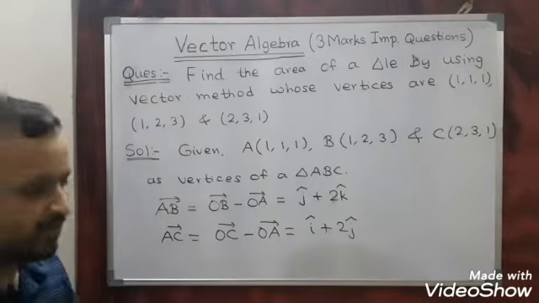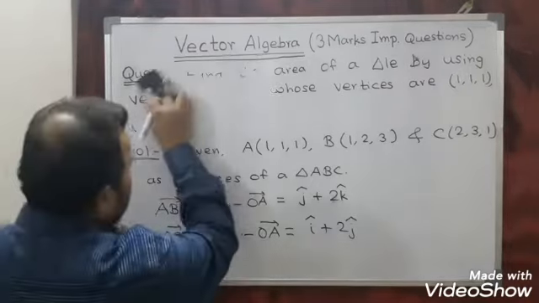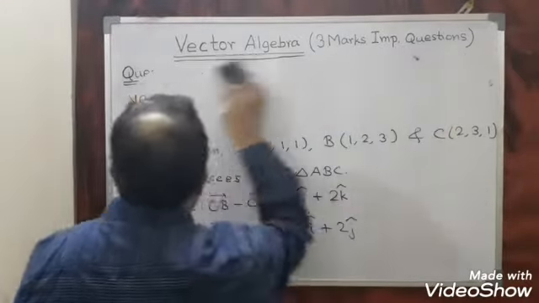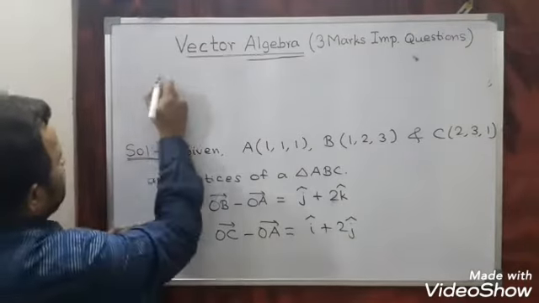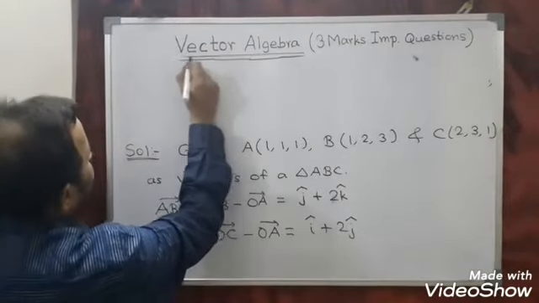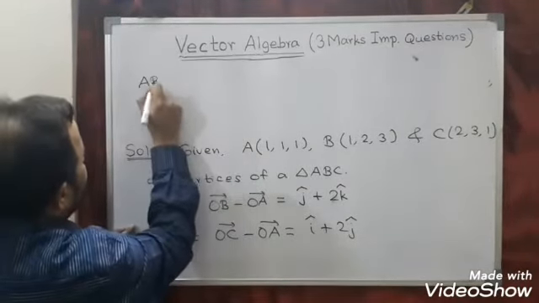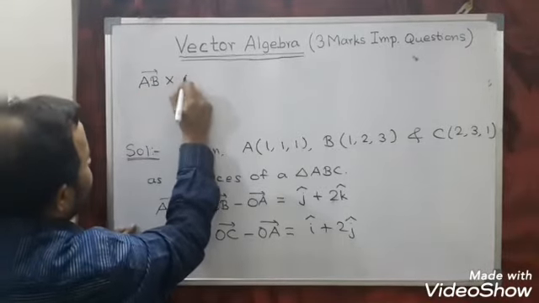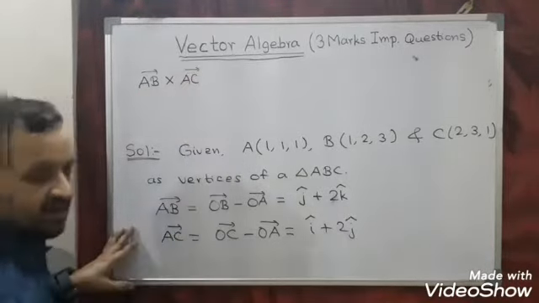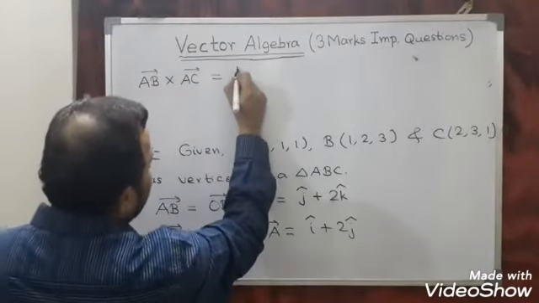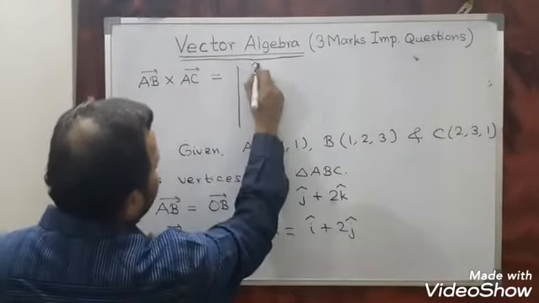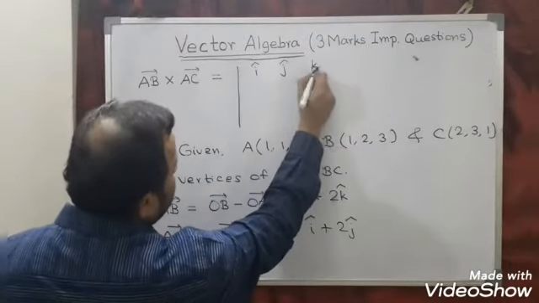Now what is the formula to find the area of the triangle? Look here. So here we have to find the AB vector cross the AC vector. Let us take the cross product of this. So this is given by the determinant of i, j, k.